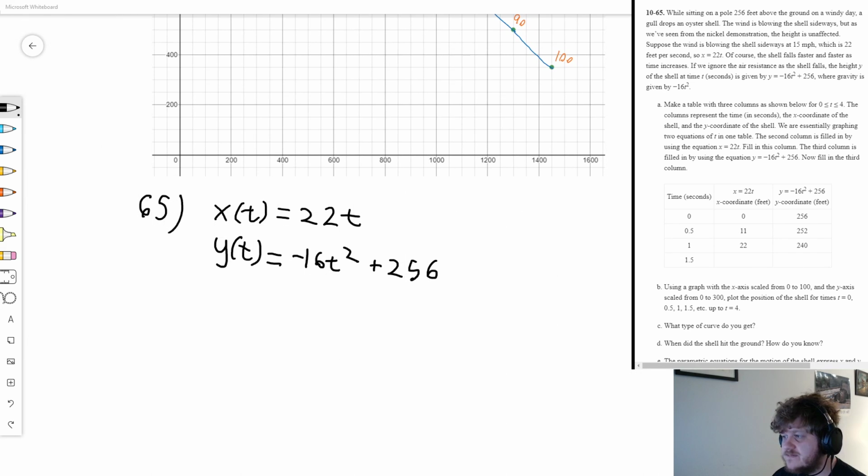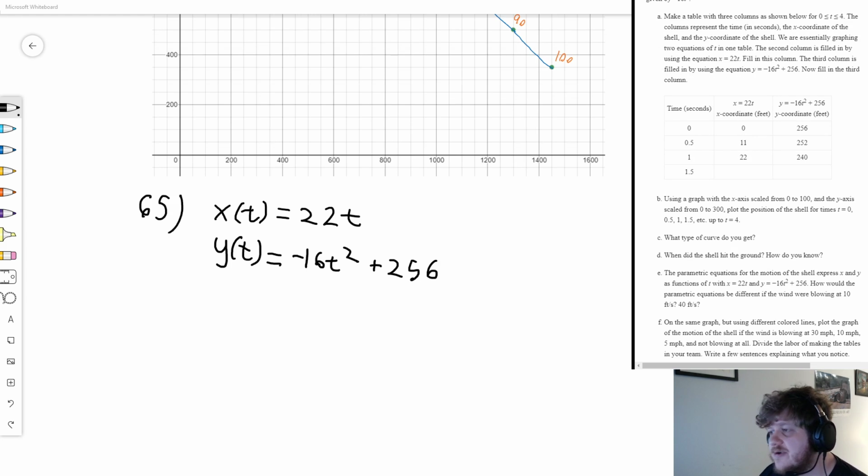Further on, you're going to make some changes and try the graphs at different speeds, just changing your x of t. So rather than 22 feet per second, maybe it's 10 feet, maybe it's 40 feet, and so on and so forth. So you'll be making those changes and seeing how it ends up working.